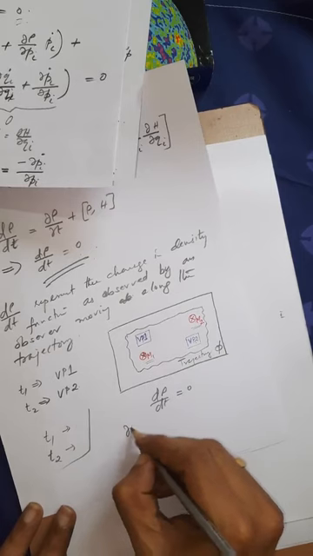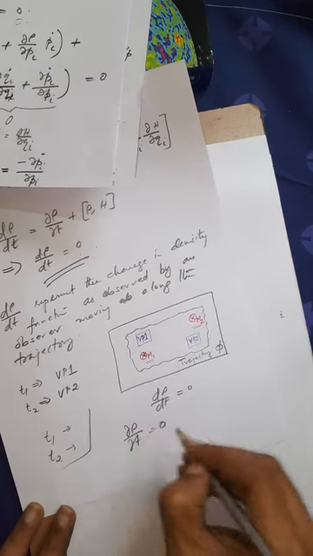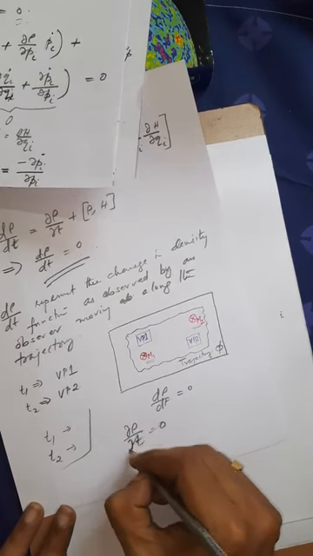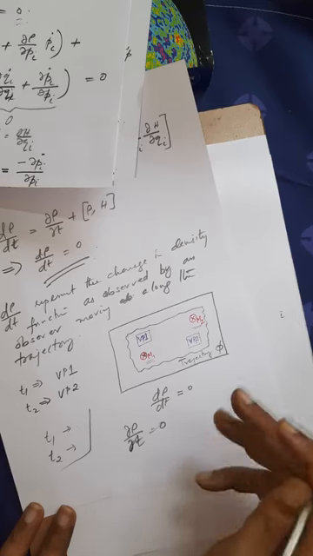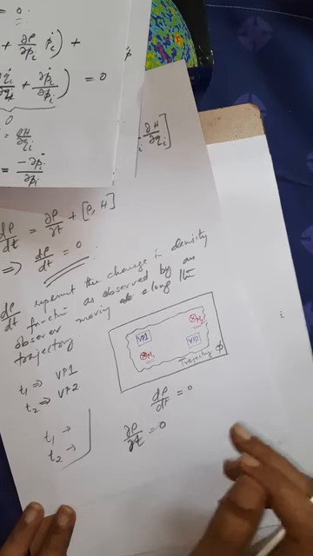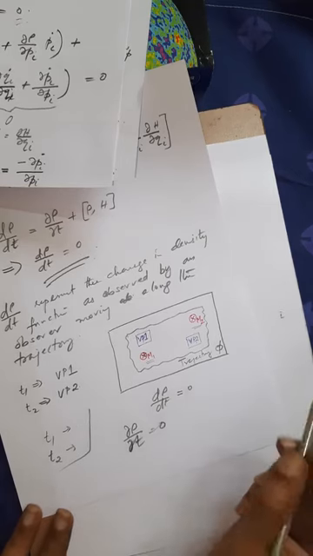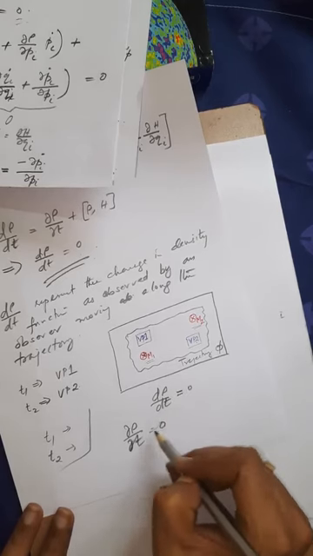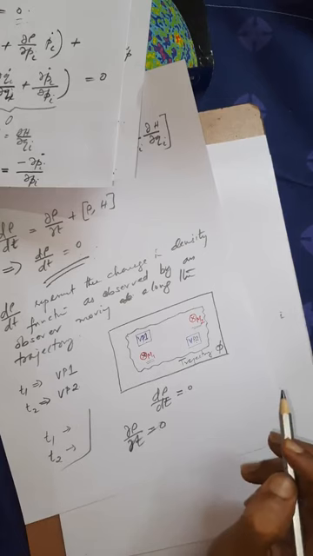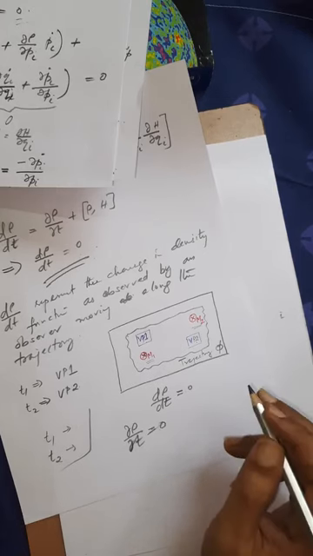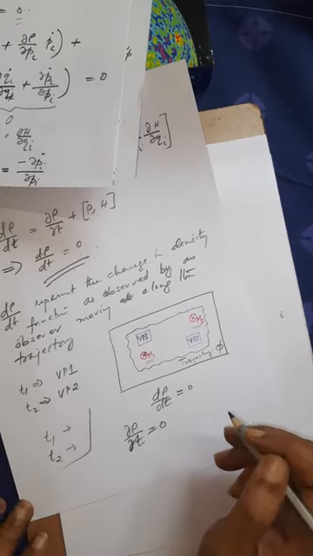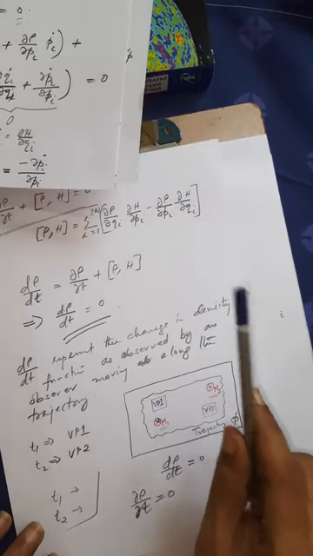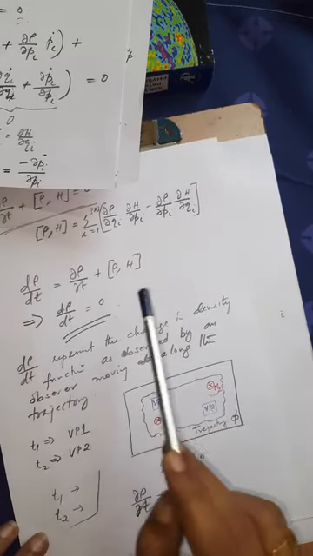That is what ∂ρ/∂t equal to 0 means. The ρ does not change locally with respect to time. So that is what dρ/dt and ∂ρ/∂t equal to 0 mean. Okay. That is how you try to understand this expression.